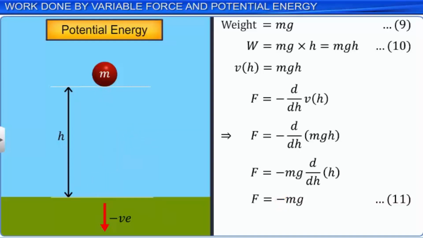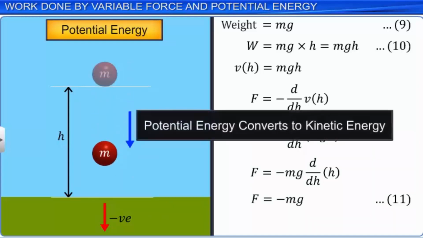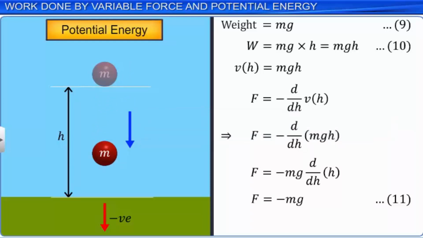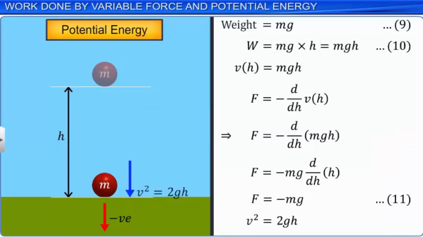Hence, when released, the body comes down with increasing speed, converting its potential energy into kinetic energy. The body strikes the ground with the velocity v denoted by the expression v squared is equal to 2gh.